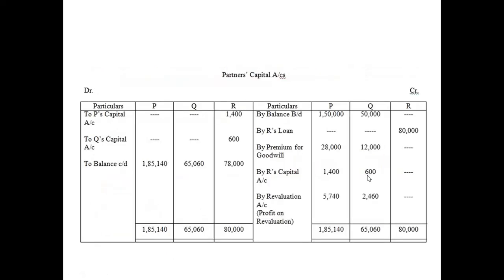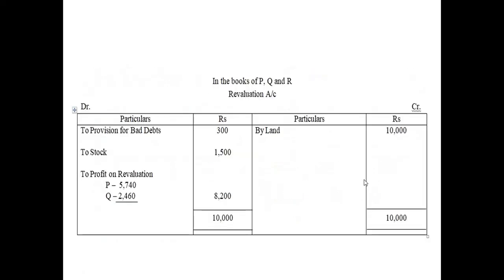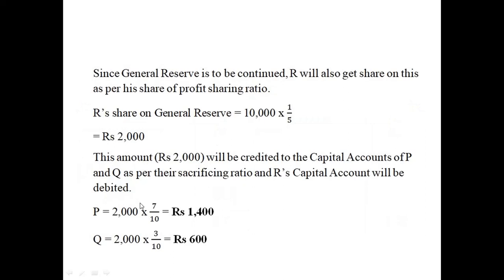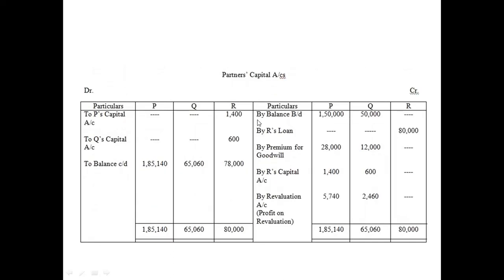Remember that we have done this kind of adjustment before also. Okay, so we write by R's capital account 1400 and 600. Previously we have found the profit on revaluation also. As you can see here, P 5740 rupees, Q 2460. So we write the amounts on the credit side because it is a profit on revaluation.